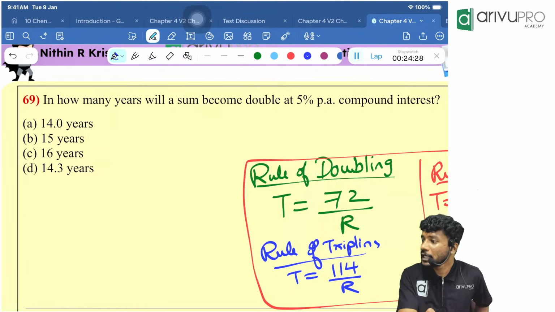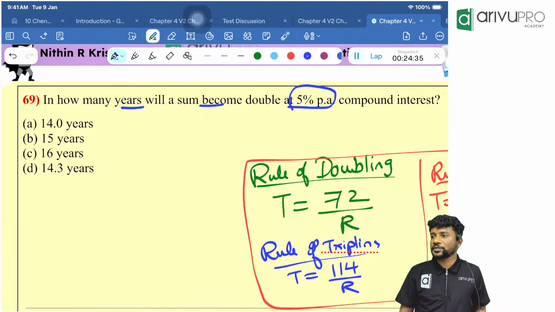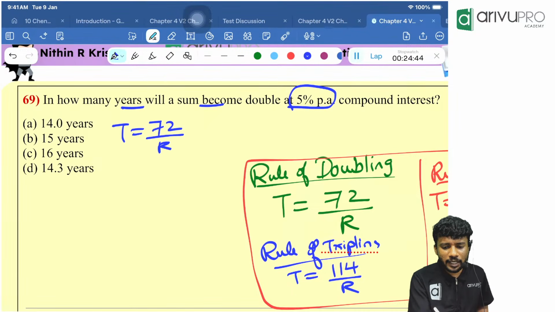Look here. In how many years will a sum of money double at 5% per annum is the question. Double at 5% per annum means the rule of doubling, which is 72 divided by R. That is 72 divided by 5.